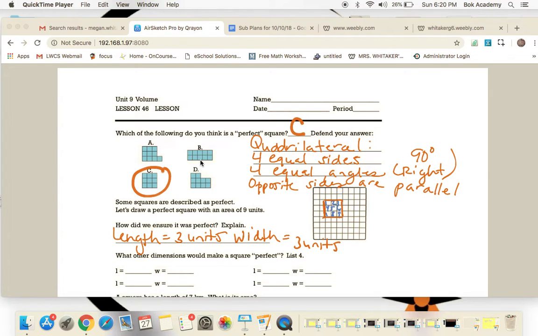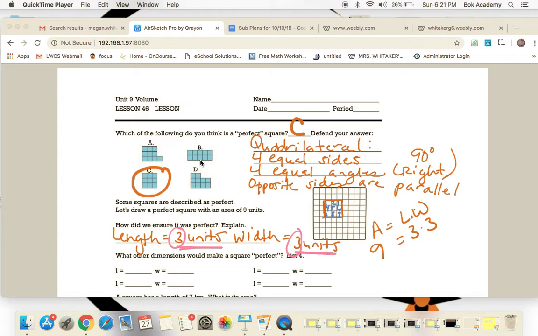If we remember our area formula for a square, area equals length times width, and the length was 3 and the width is 3, which gives us an area of 9 units. If you count all the squares, there's a total of 9 inside. We know it's perfect because the length is the same as the width. They're exactly the same numbers.